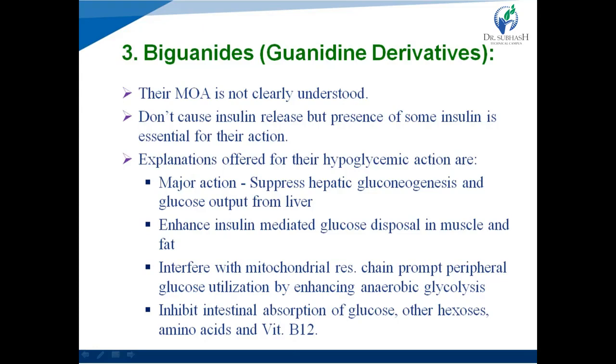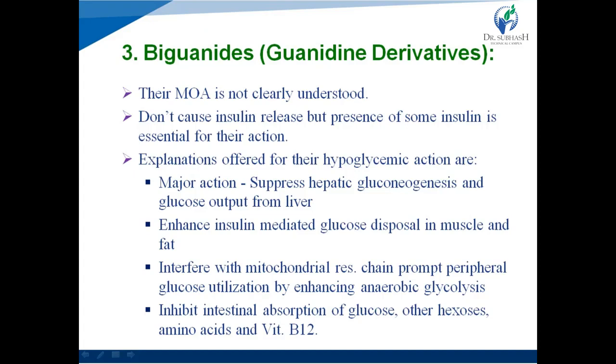It also enhances insulin-mediated glucose disposal in muscle and fat. It also enhances anaerobic glycolysis, meaning the transformation of glucose to lactate when limited oxygen is available. And it also inhibits intestinal absorption of glucose, other hexoses, amino acids and vitamin B12.